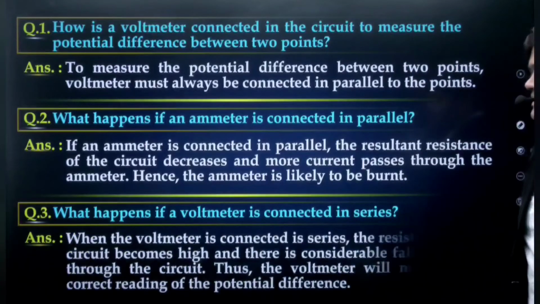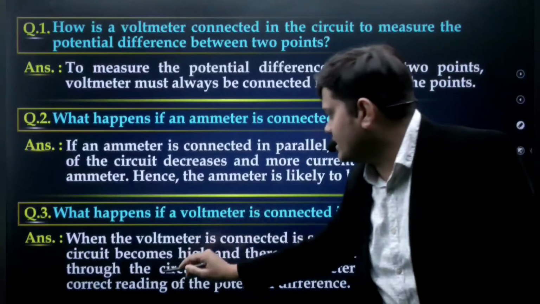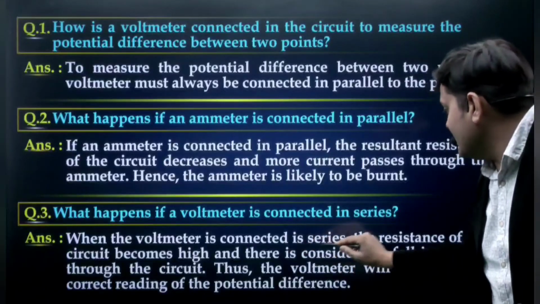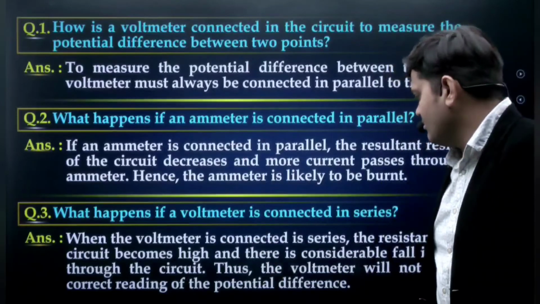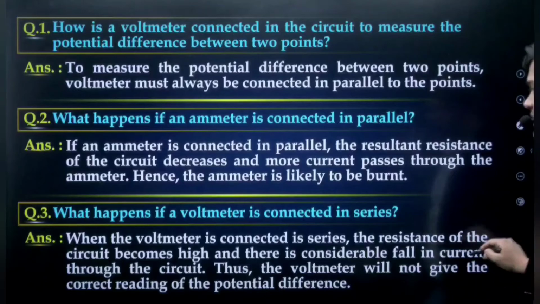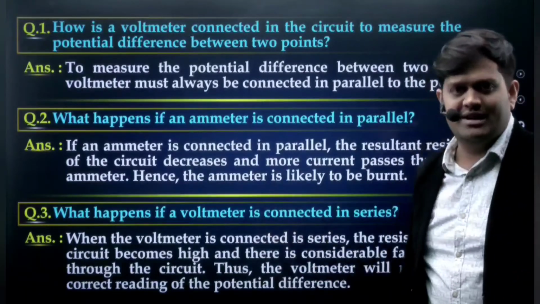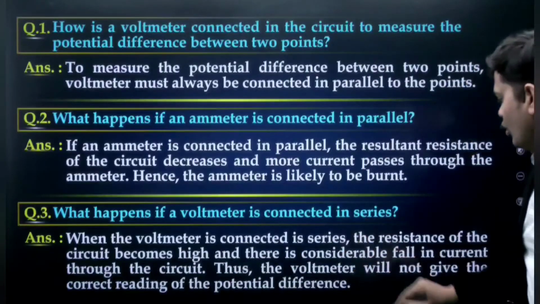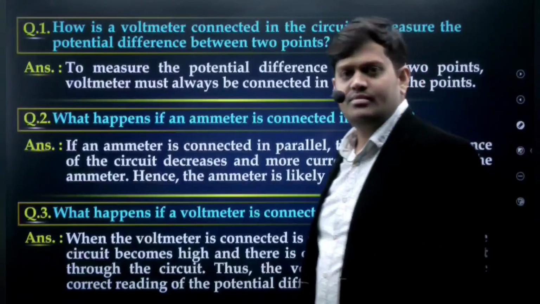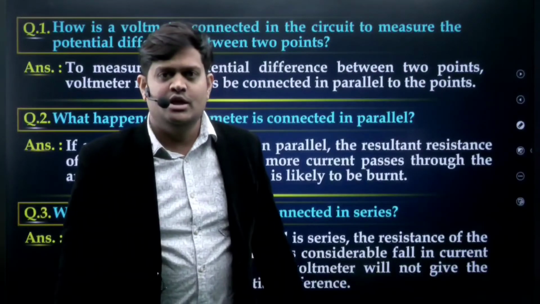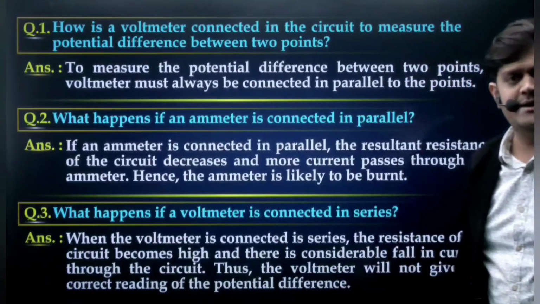When a voltmeter is connected in series, the resistance of the circuit becomes high, so there is a considerable fall in current through the circuit. If it has a high resistance, fall in current, definitely, right? Thus the voltmeter will not give the correct reading of the potential difference. So that's why it is connected in parallel, right?